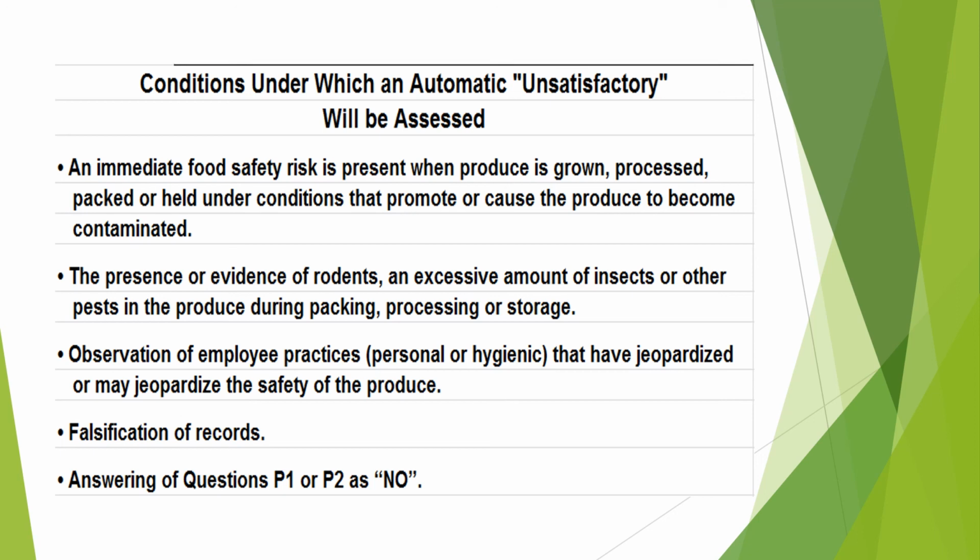Observation of employee practices, personal or hygienic, that have jeopardized or may jeopardize the safety of the produce. Falsification of records. Answering questions P1 or P2 with no. All of these are conditions under which an automatic unsatisfactory will be assessed.